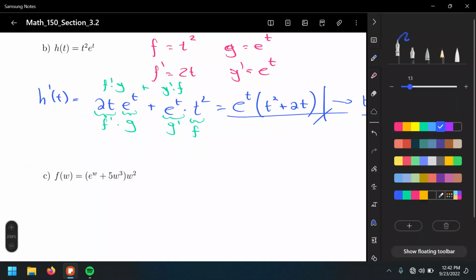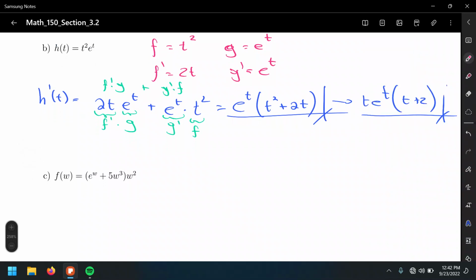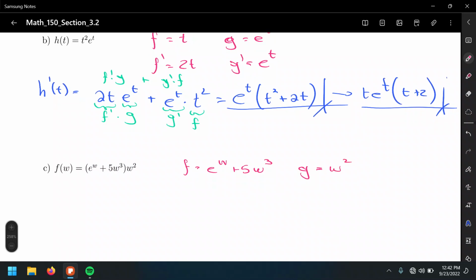Again, I'm going to write the whole thing, what f is and what g is and their corresponding derivatives. So f equals e to the w plus 5w cubed, and g equals w squared. All right? So the derivative of f is, what's the derivative of e to the w?